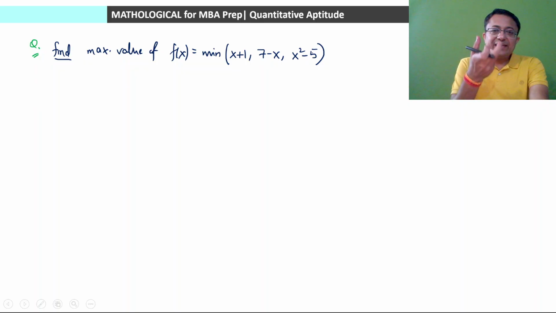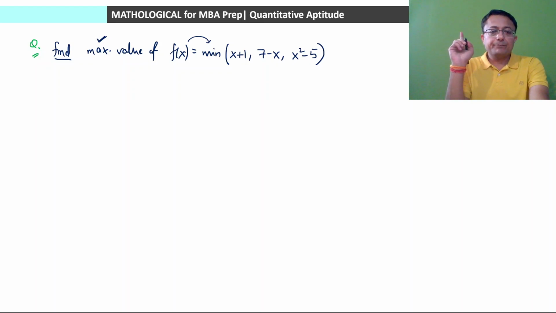Now there are three expressions, x plus 1, 7 minus x, and x square minus 5, and we need to find out the maximum value of the given f(x) with the minimum operator. So f(x) will be equal to the minimum value of these three expressions at one particular x.